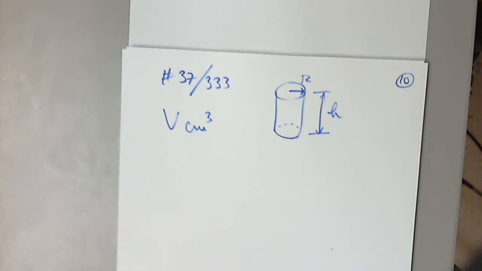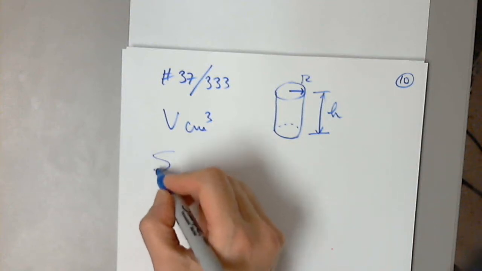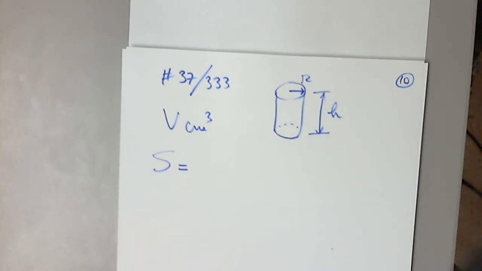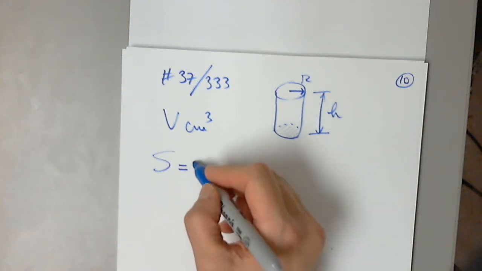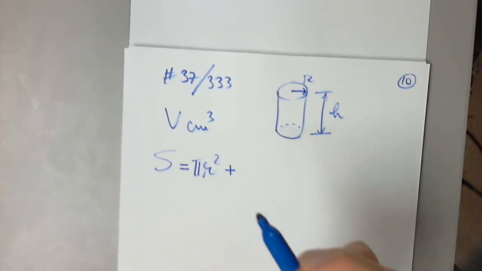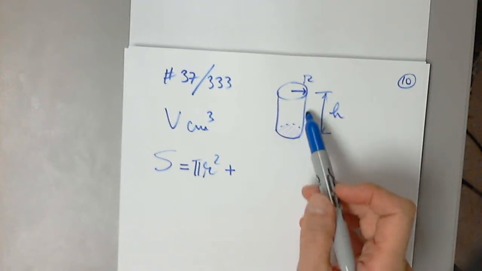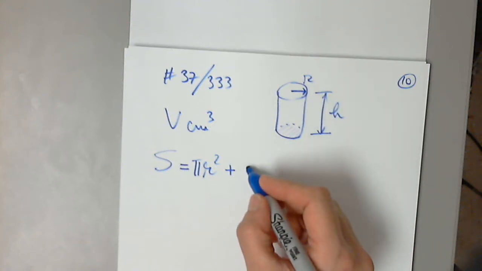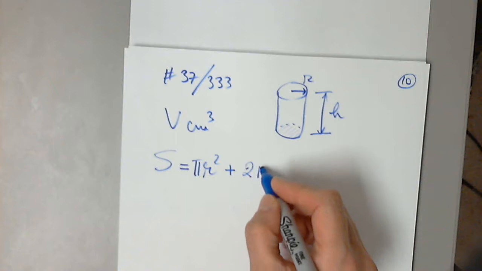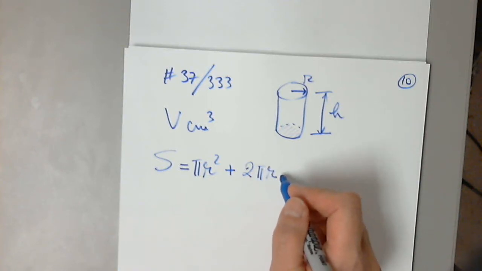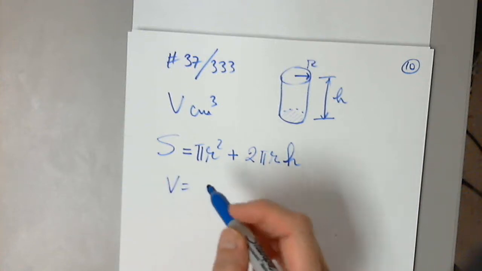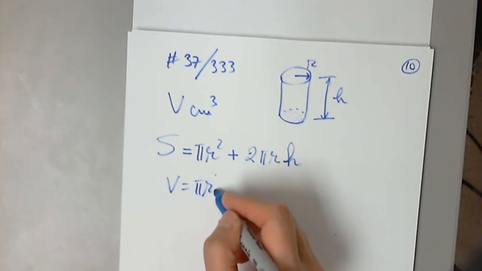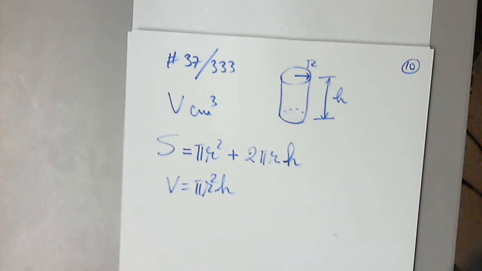So one more time, how do I write the surface area without the top? Area of the base plus the circumference times the height. 2 pi r times h. Now the volume we know is the area of the base times the height.